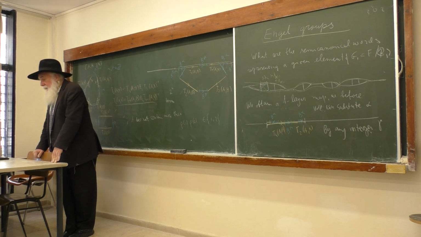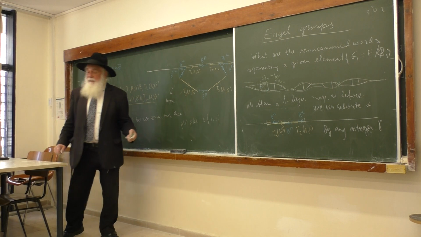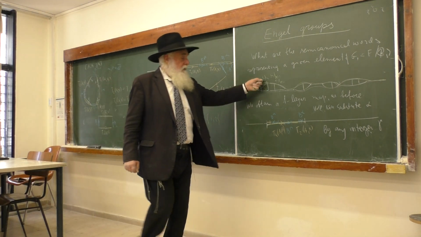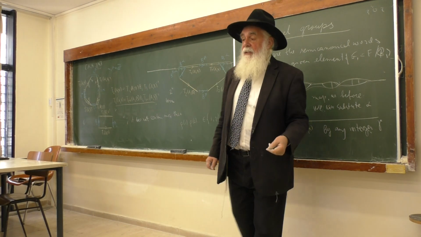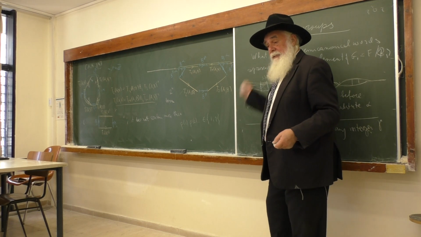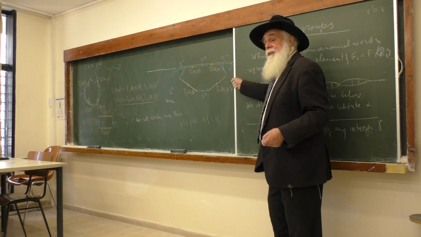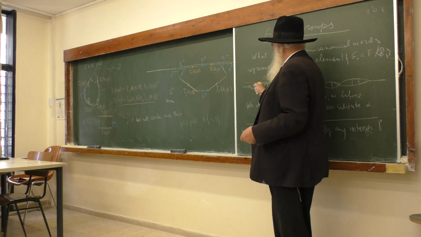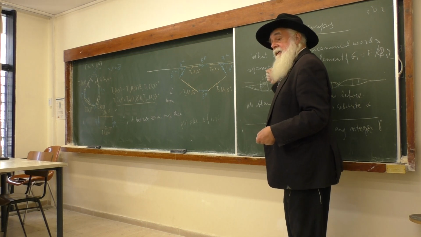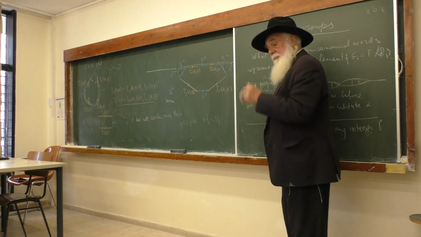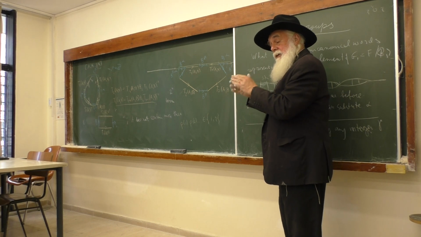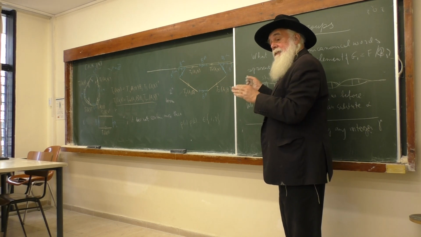Let me remind what it was. Now, we say that a side in this one layer map is certified if it has a witness. And the witness is some word here, and it satisfies a number of restrictions on the relative length of the word.